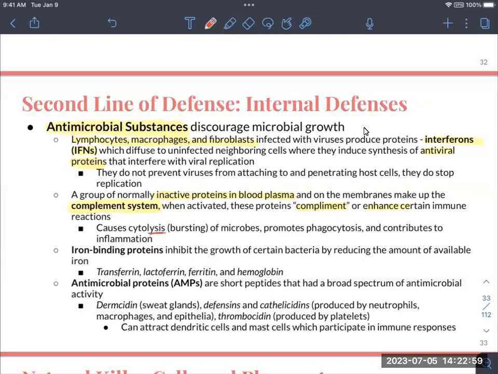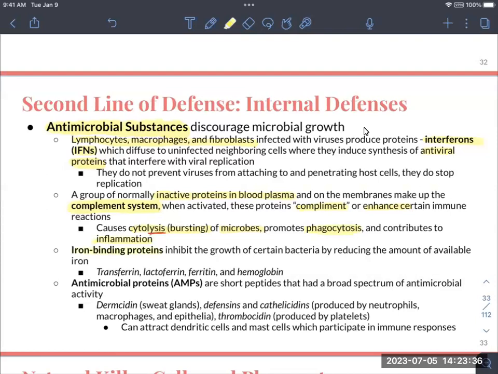Lysis is to break something down. Cyto is for cell, lysis is to burst or break down. So they cause this cytolysis of any microbes that may be found in our blood. That phagocytosis, those cells that come in and eat, engulf these different blood cells. They can also contribute to inflammation because inflammation brings immune cells into that area.